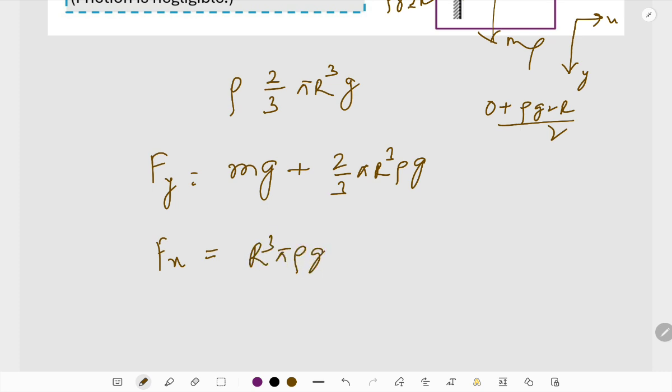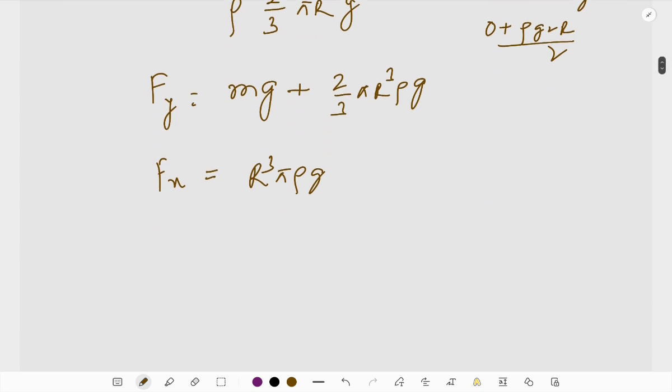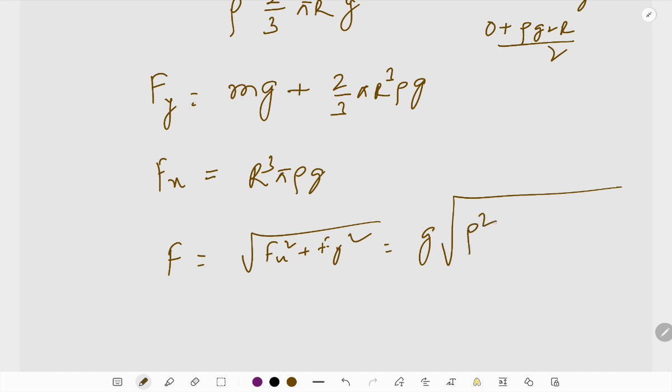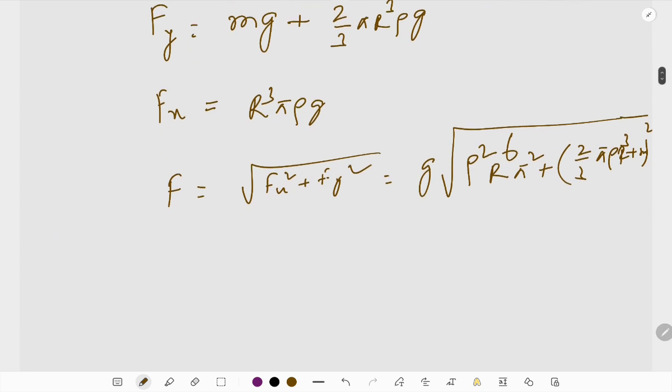And so, finally, the net force exerted by the external agent is the square root of Fx square plus Fy square, and if you calculate all those things, you will get something like g times the square root of rho square r raised to 6 pi square plus (2/3 pi rho r cube plus m) squared, everything under a square root, and of course its magnitude is this.